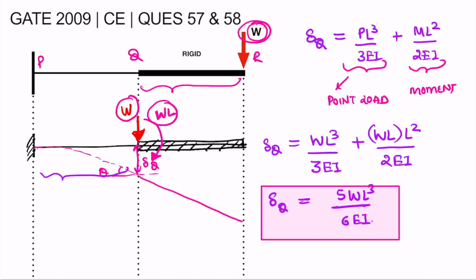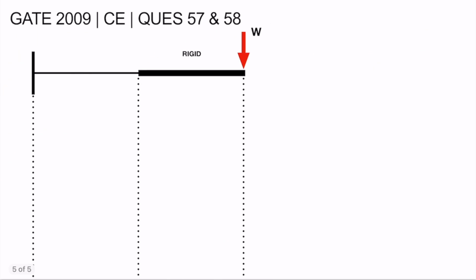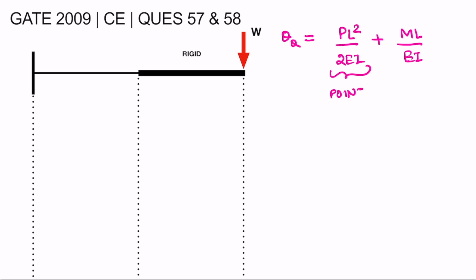We will now calculate the value of theta Q. So theta Q will be PL square by 2EI plus ML by EI. That is theta due to point load and theta due to moment.